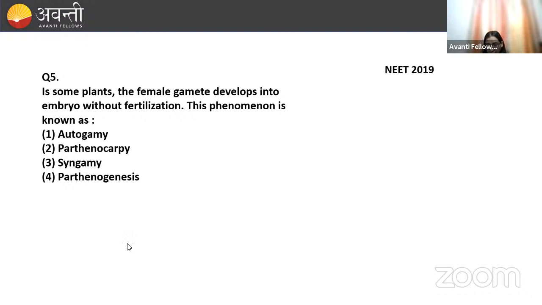No, it's not 2. The question is asking: the female gamete develops into the embryo without fertilization. This phenomenon is known as parthenogenesis. Parthenogenesis is when the female gamete develops into the embryo without fertilization. Parthenocarpy is the development of fruit without fertilization.